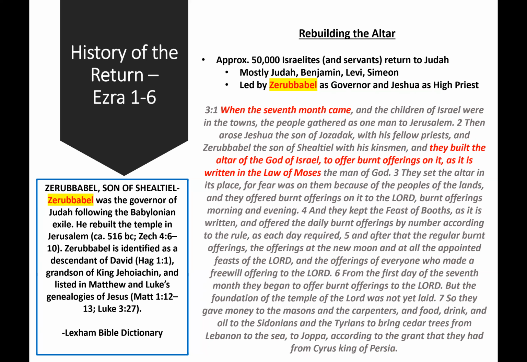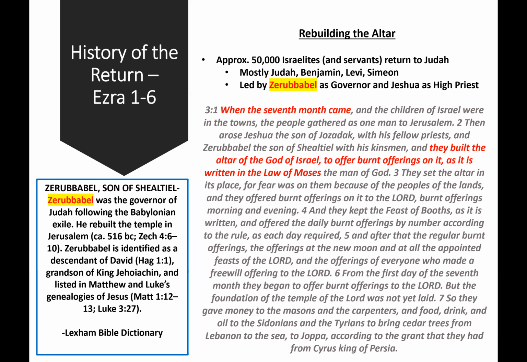Let's get to chapter 3, verse 1. When the 7th month came and the children of Israel were in the towns, the people gathered as one man to Jerusalem. Then arose Jeshua the son of Jozadak with his fellow priests, and Zerubbabel the son of Shealtiel with his kinsmen, and they built the altar of the God of Israel to offer burnt offerings on it, as it is written in the law of Moses, the man of God.